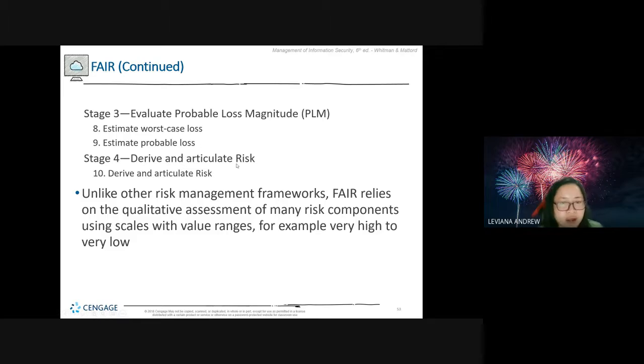Stage 4, derive and articulate a risk and formulate any risk. FAIR relies on the qualitative assessment of many risk components, which use scales with value ranges, for example, very high to very low.